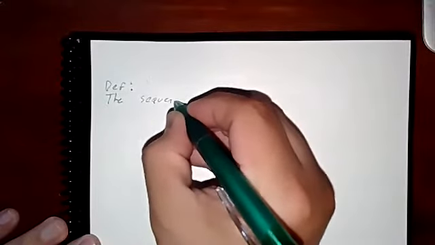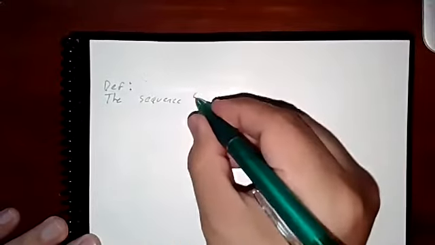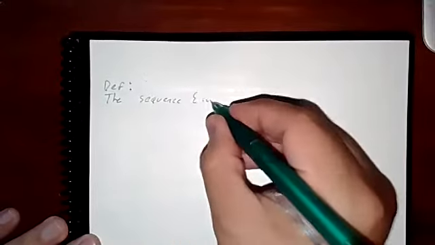The sequence a sub n, if n equals 1 to infinity, is considered to be increasing if each subsequent term is bigger than the previous one.